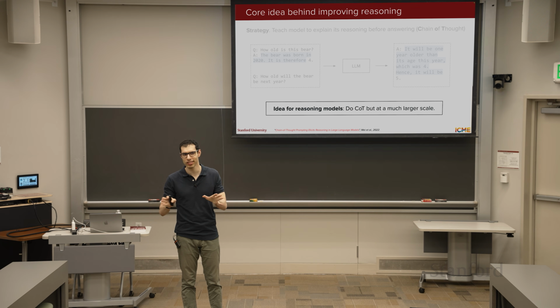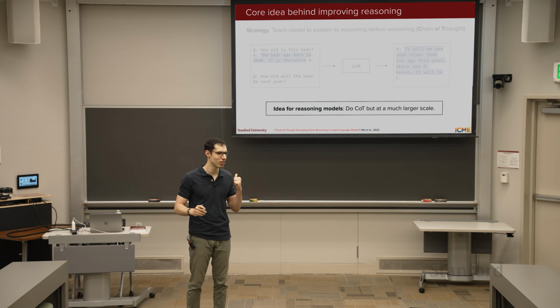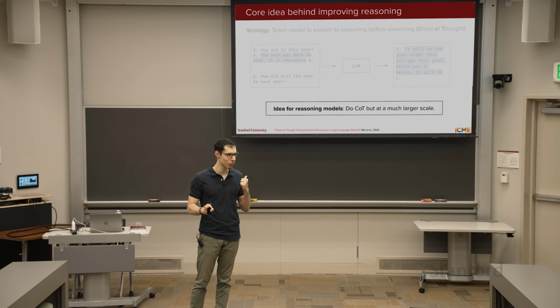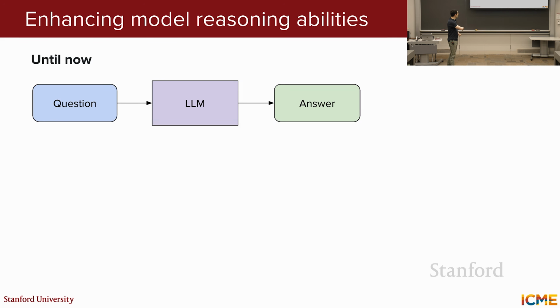So is everyone clear on the overall idea of what a reasoning model is? Yeah? OK, perfect. Just to make sure we're all clear: up until now, we had quote-unquote vanilla LLMs that had some prompt, some question as input, and responded with something as output.